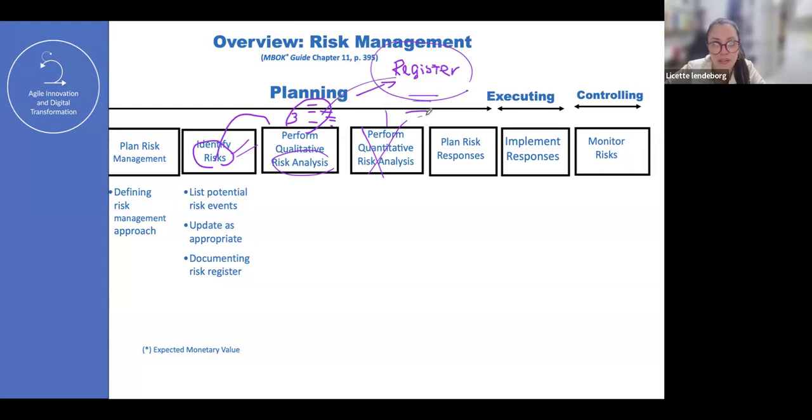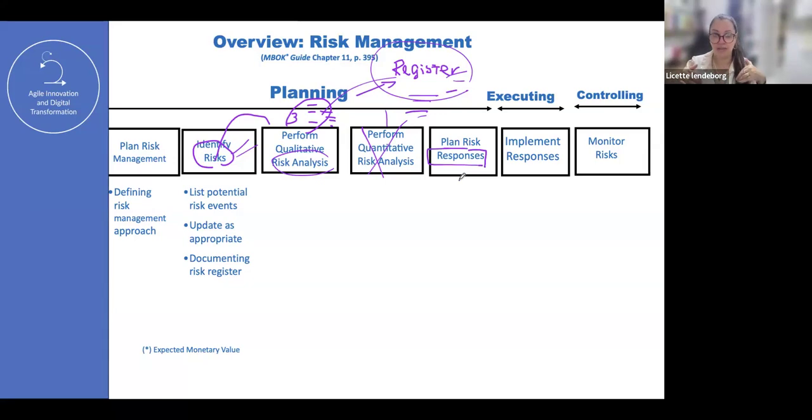Now that I have my beautiful register organized, and in every single documentation inside of that document, I can plan responses. We're going to see today the list already created.